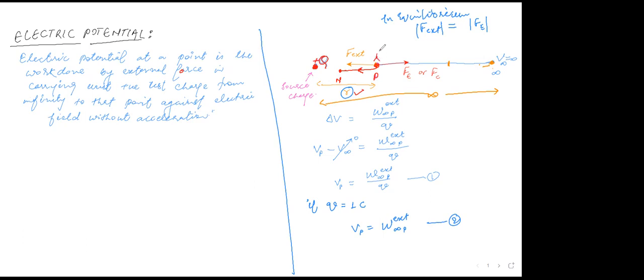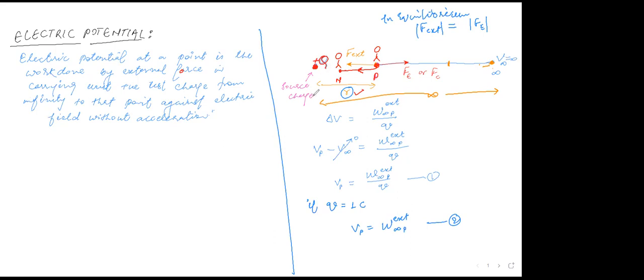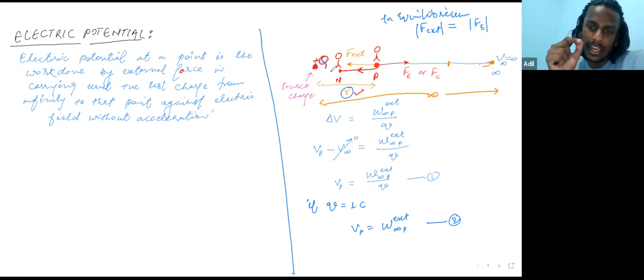A person is at point P and another person is at point N. Which one is closer to the charge Q? N. In another way, we can say the person at N is at less distance as compared to the person at P. Am I right or not?